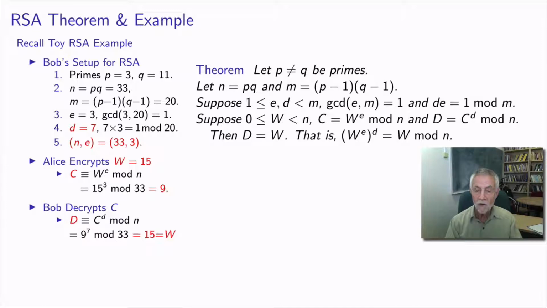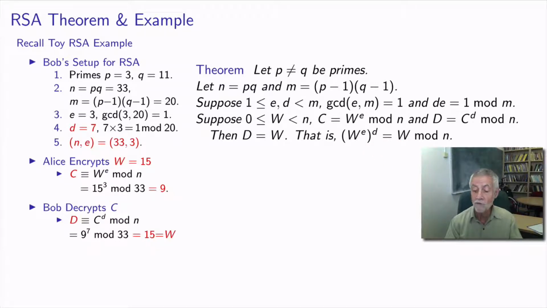And that's all allowable because we're working modulo n, and if I replace C by another number to which it's equivalent modulo n, which in this case is W to the e, then I get W to the e to the power d, modulo n will be the same as W.